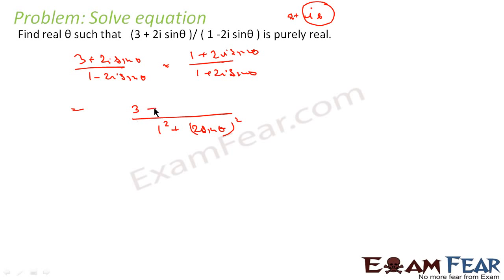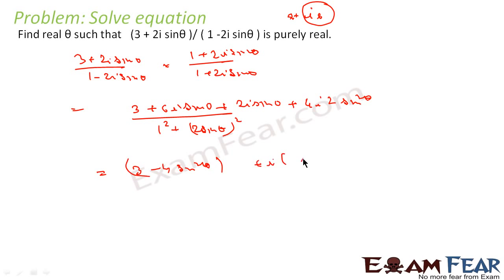Let's multiply this: 3 into 1 is 3, plus 6i sin theta, plus 2i sin theta into 1 is 2i sin theta, plus 2i into 2i is equal to 4i square sin square theta. i square is equal to minus 1. So this will become 3 minus 4 sin square theta plus i into 8 sin theta, by 1 plus 4 sin square theta, and it's also 1 plus 4 sin square theta.